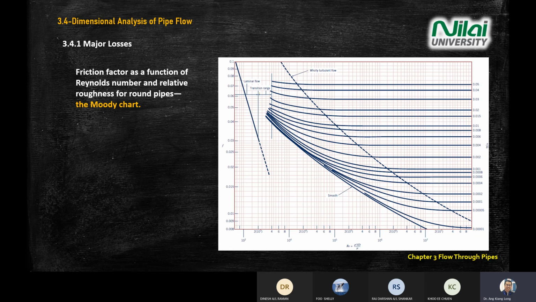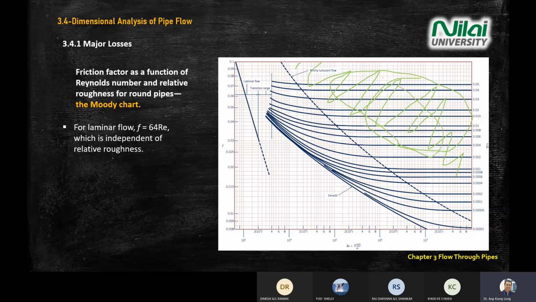Okay. All right. So it's very easy to use this chart. As you can see here, I already show something on the screen. If you have a smooth surface, you just follow this smooth line. And if you see this dashed line, if your region falls above this dashed line, it means you're having a turbulent flow inside this region.